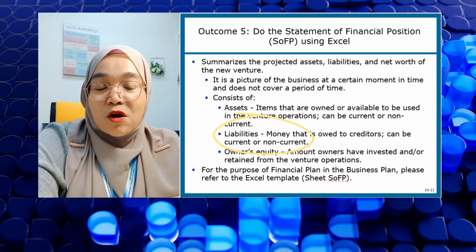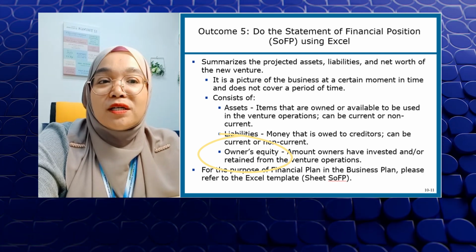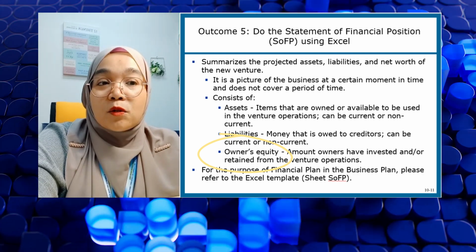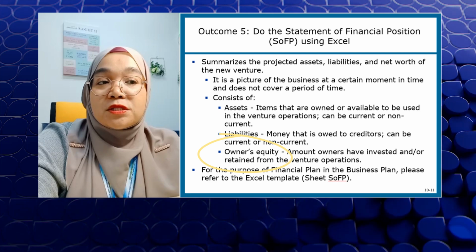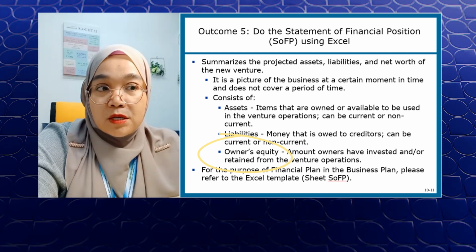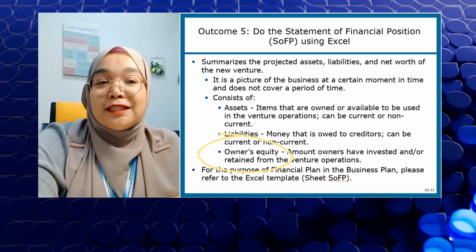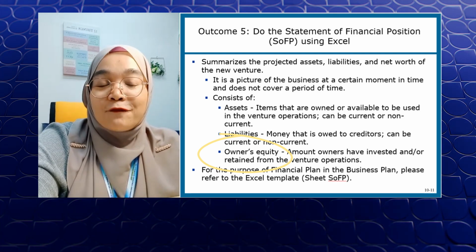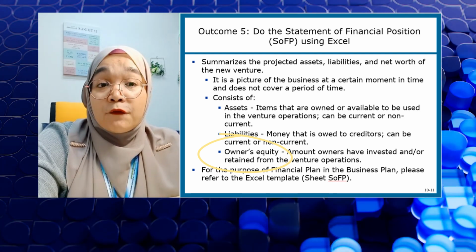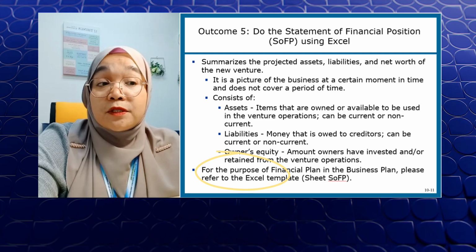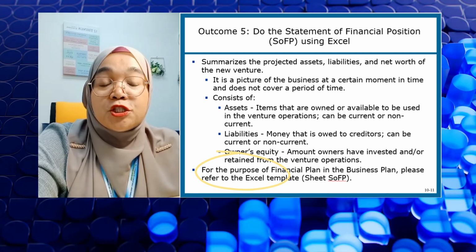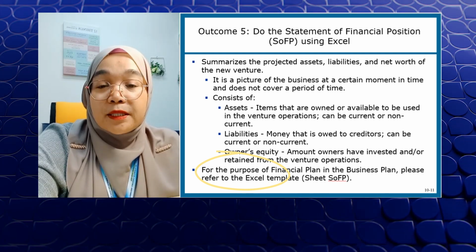Owner's equity. What is owner's equity actually? The amount owners have invested and/or retained from the venture's operations. Recall from the sources of funding and capital lecture by Dr. Hafiza binti Madnawi. For the purpose of that, please refer to the Excel template, sheet SOFP.